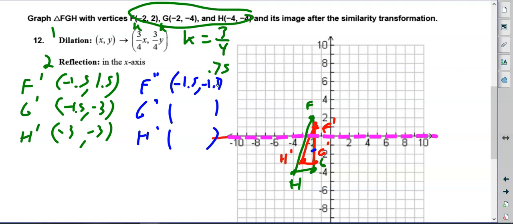All right? This is not going to change. I'm not going any further left or right, but instead of negative 3, it's going to be up here at positive 3. All right? And then this is going to say negative 3, but become positive 3.